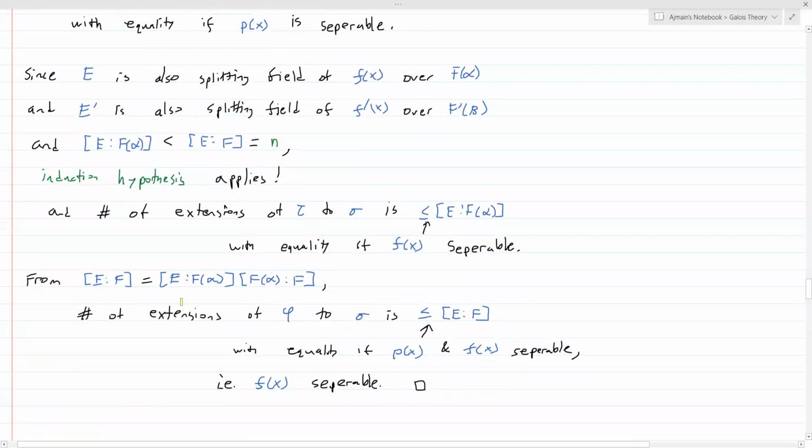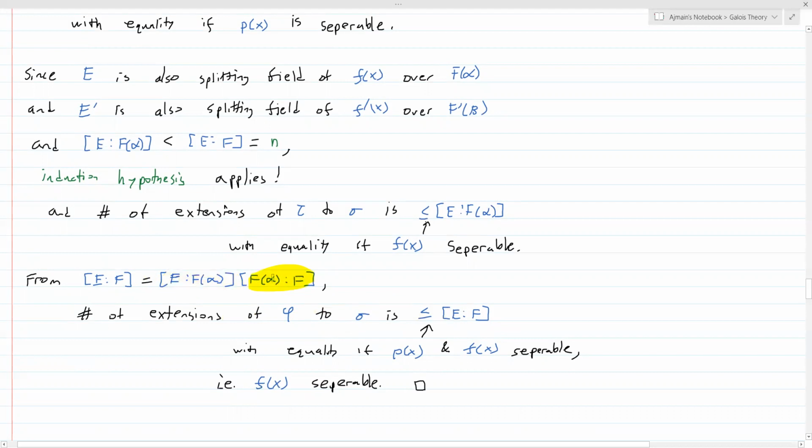So the number of ways to extend phi to sigma is the number of ways to extend phi to tau and then tau to sigma. Phi to tau is this number, and tau to sigma is this number. So the number of extensions from phi to sigma is their product. So you have to pick a choice for this extension.